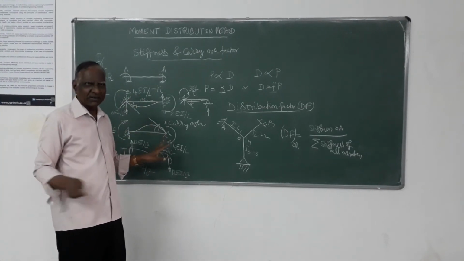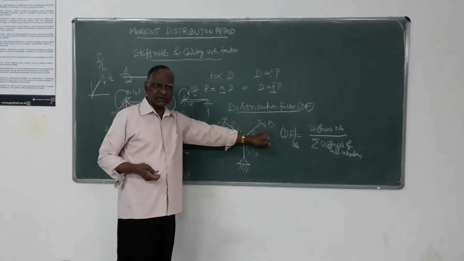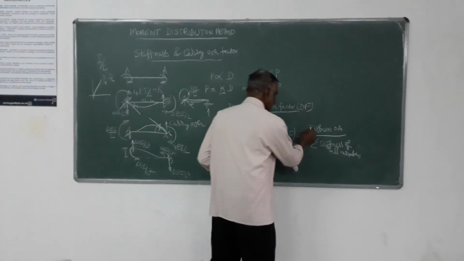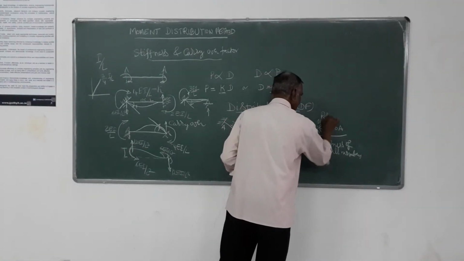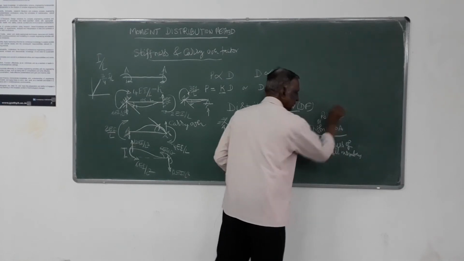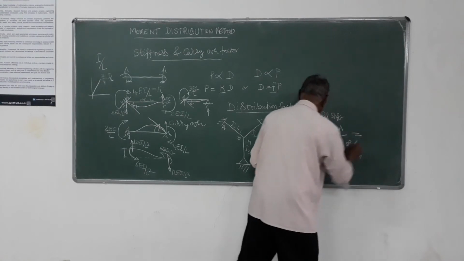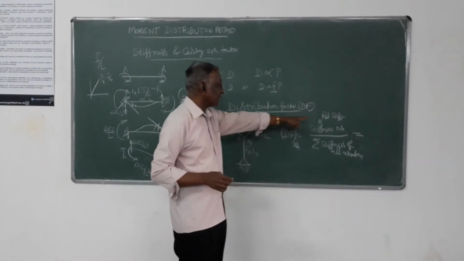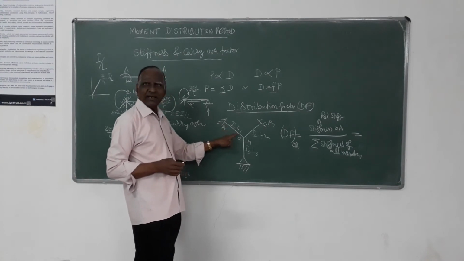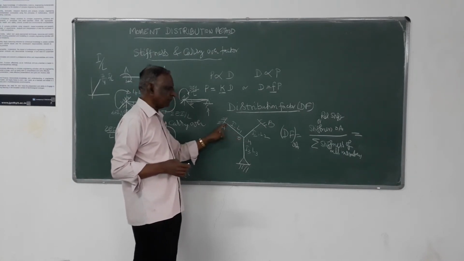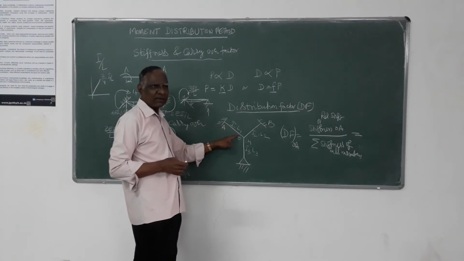Just I and L, it is just geometry, so we can work out the distribution factor. Here either stiffness or relative stiffness, either one we can use. Both are the same property. Here the distribution factor of OA is the relative stiffness of OA, which is nothing but I1 by L1, because for this member I have assumed I will be I1, and length will be L1.